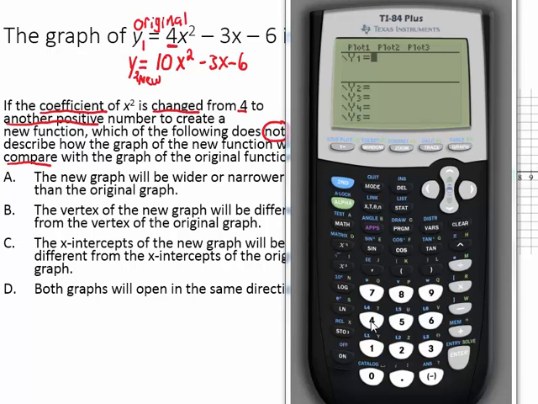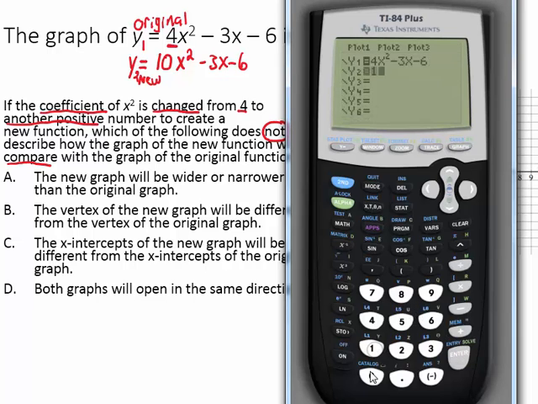So y1 is going to be equal to 4x to the power of 2, so I hit the exponent button above the divide, press the right arrow key to get out of the exponent, subtract, so we hit the subtract button above the plus, 3x subtract 6. And the second function is going to be 10x to the second power, press the right arrow key to get out of the exponent, subtract 3x subtract 6.